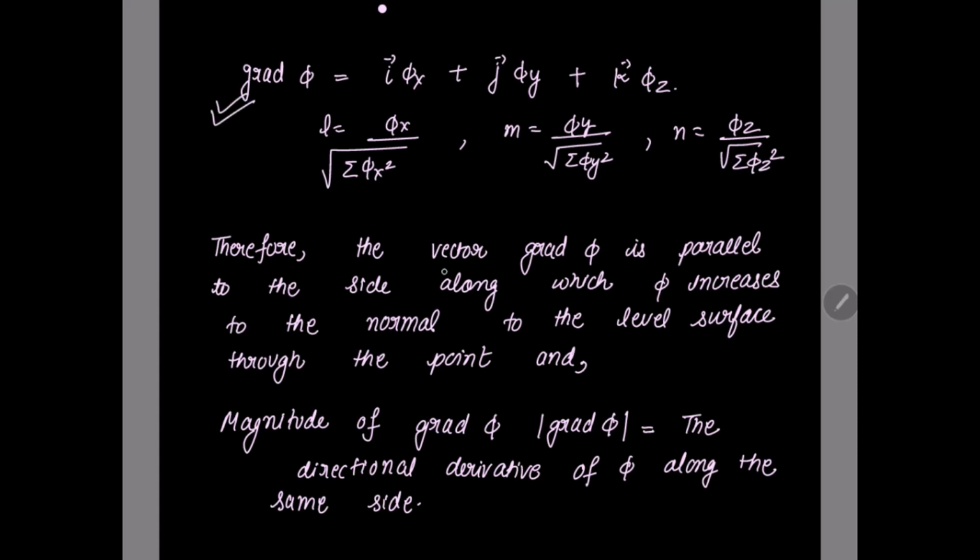Therefore the vector grad phi is parallel to the side along which phi increases, to the normal to the level surface through the point, and the magnitude of grad phi, this mod of grad phi, what is this? This is the directional derivative of phi along the same side, right?